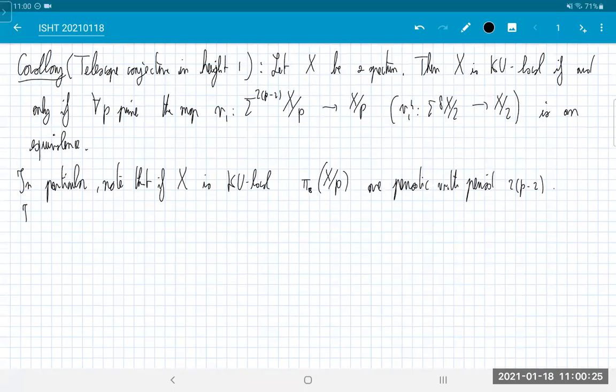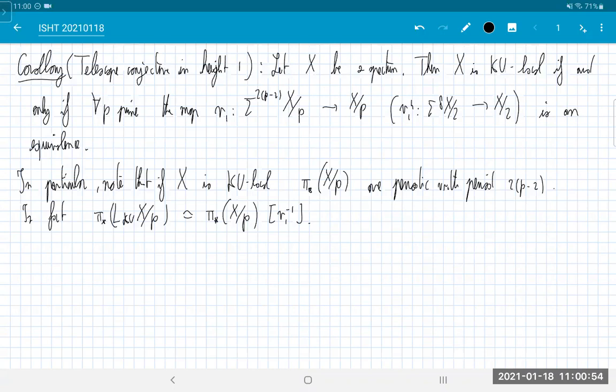And in fact, the mod p homotopy groups of the KU localization are exactly the homotopy groups of X mod p with v1 inverted. That's a consequence of the fact that I claimed before, that the KU localization of X mod p is X mod p with v1 inverted.